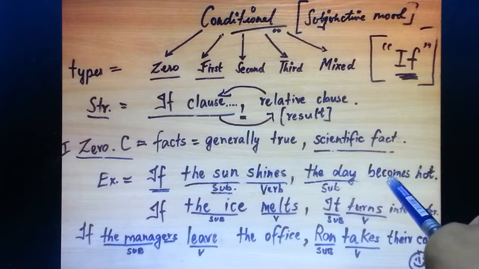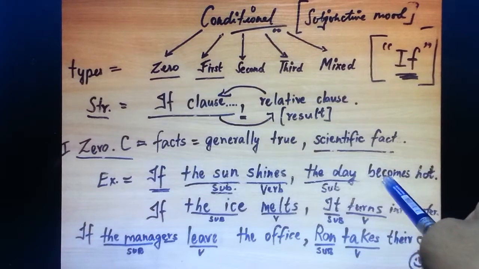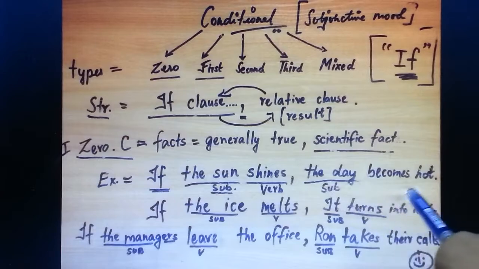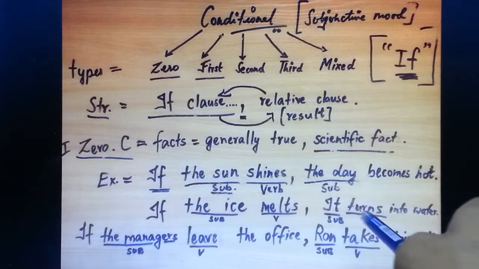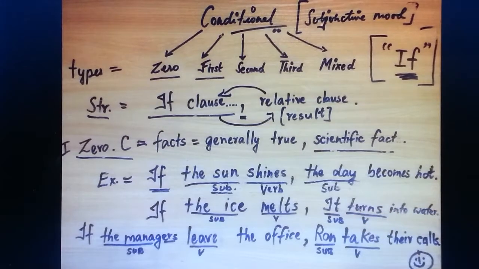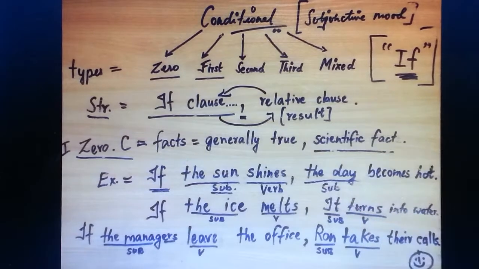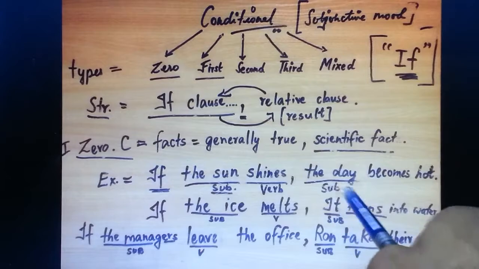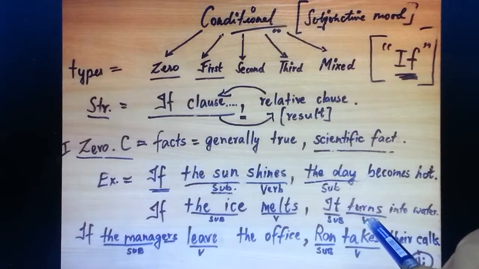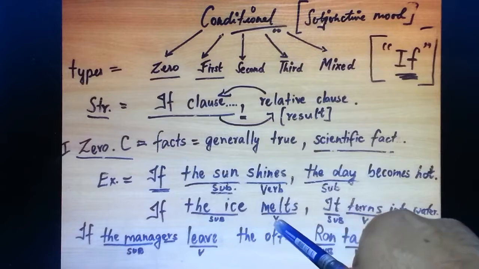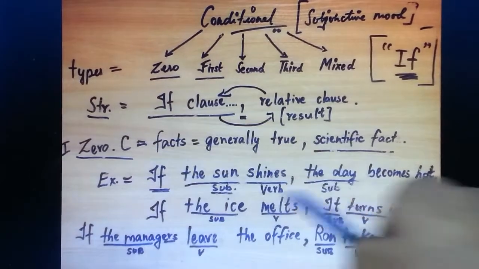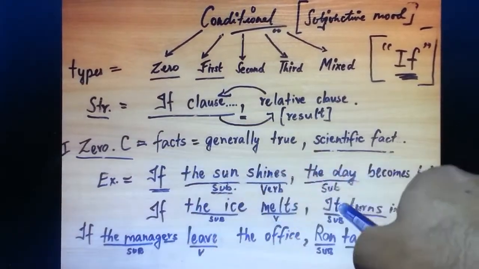This was the verb in the earlier sentence, and this one is a phrasal verb. You know that a phrasal verb has a verb and a preposition. So turns into, if I want to change this phrasal verb into a verb, then turns into means changes. So if the ice melts, it changes into water, or if the ice melts, it turns into water.